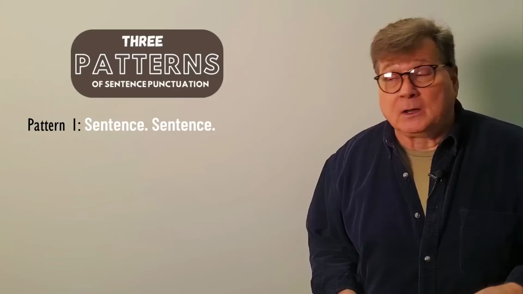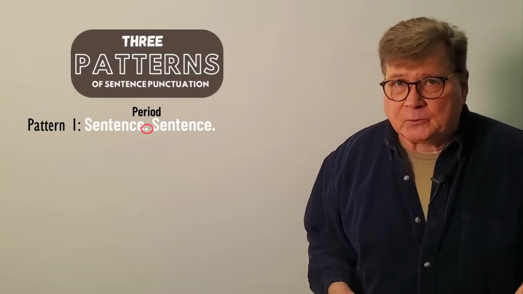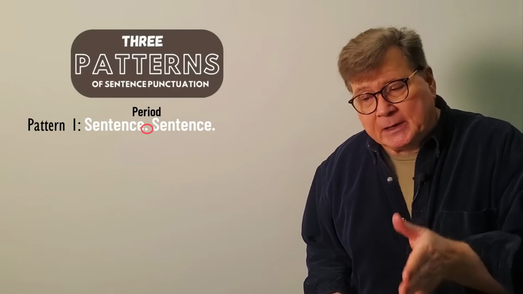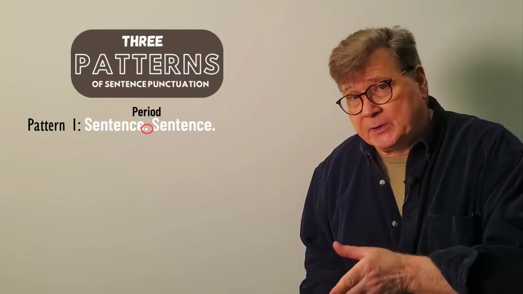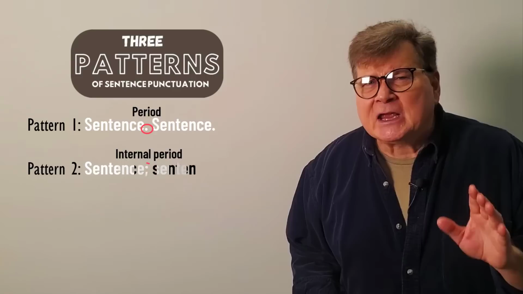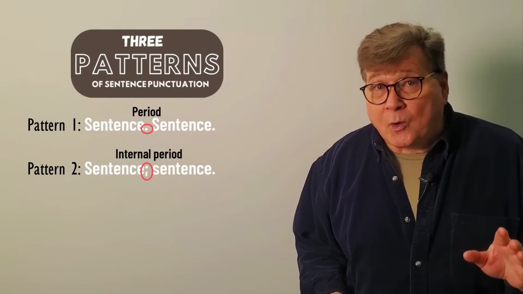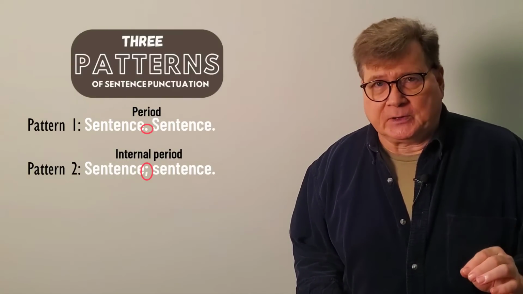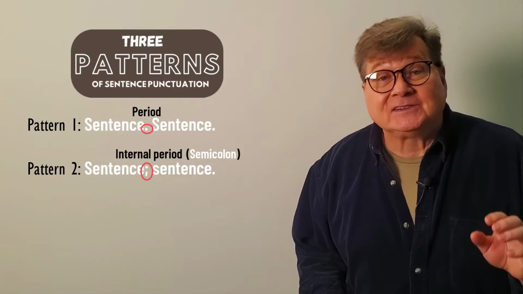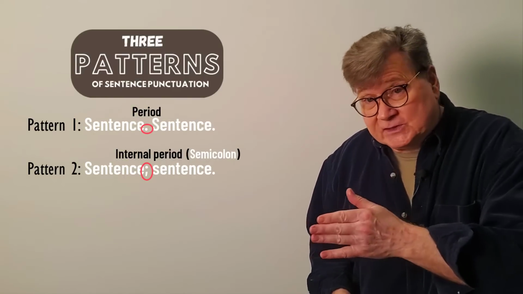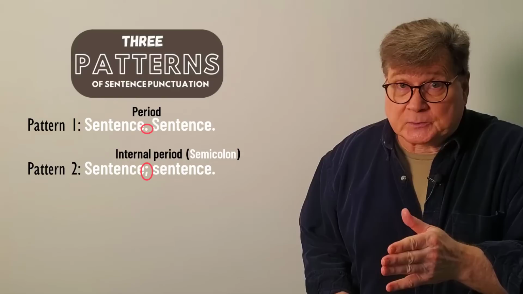Pattern number one, with a period. You know this one well. This is a sentence, period. This is a sentence, period. Okay, we got that one. Pattern two is with an internal period. A what? An internal period. It's also known as a semicolon. This is a sentence, semicolon, internal period.